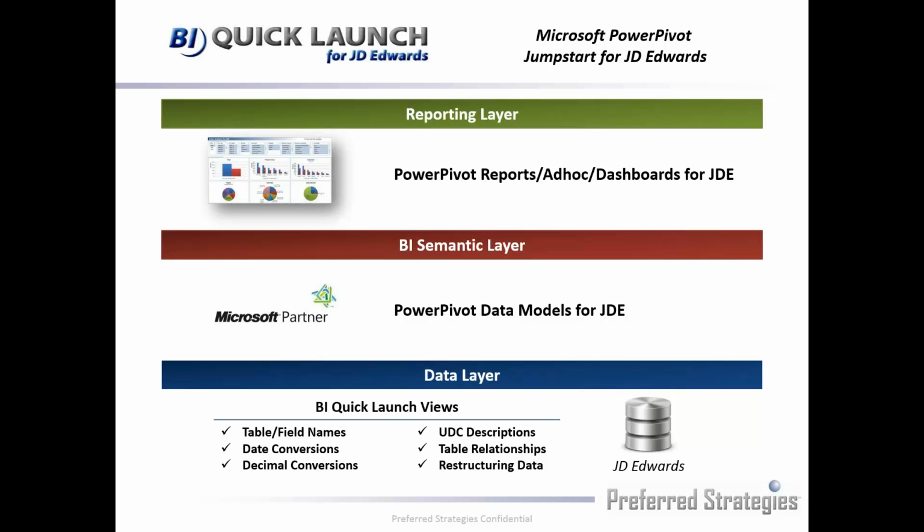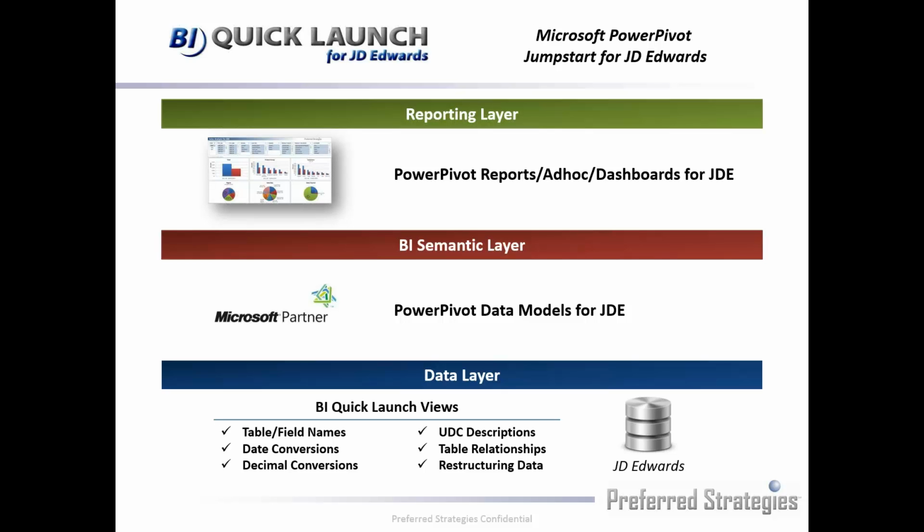So what is our Jumpstart for JD Edwards regarding PowerPivot? If you break it out into 3 different layers: on the data layer, we've created some views, and these views do some of the manipulation or translation that needs to take place to get the data from JD in a usable, friendly format for reporting.